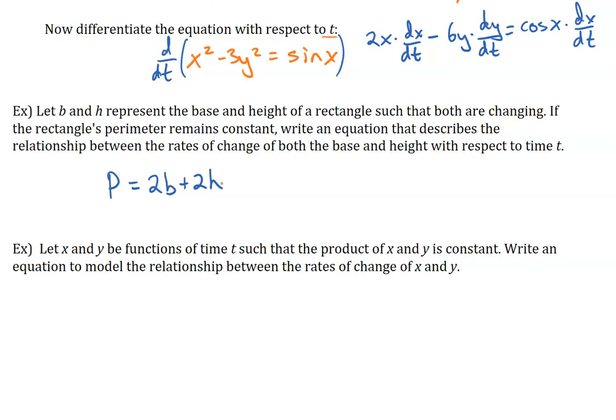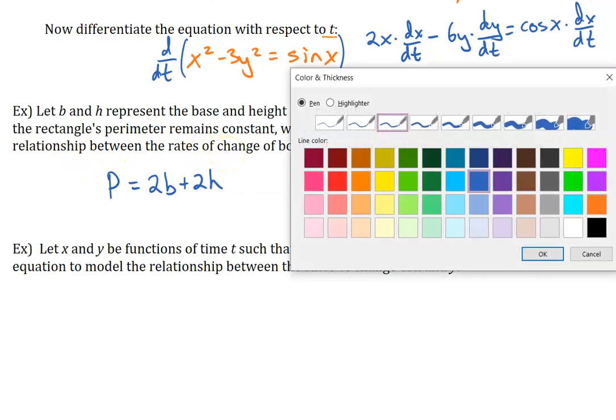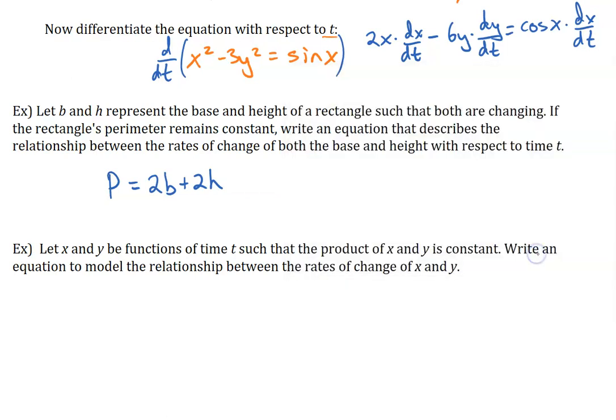Because we want to write an equation that describes the rates of change, we are going to differentiate. We are going to find a rate of change. So we're going to differentiate with respect to t this entire equation. Because P is a constant, the derivative of a constant is 0, so I can replace this d over dt of P with a 0.